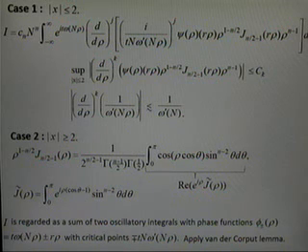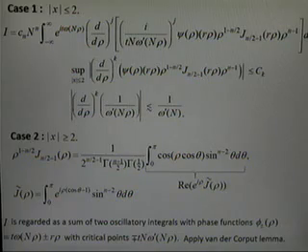So we have new phase functions phi plus/minus of rho, which are defined by t omega of n rho plus/minus r rho, which have critical points where plus/minus r equals t n omega prime of n rho.